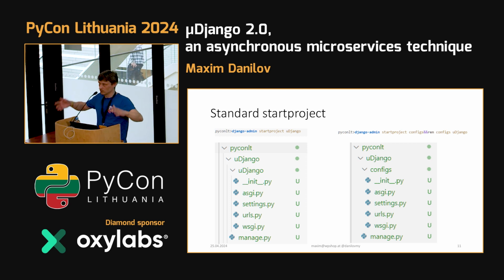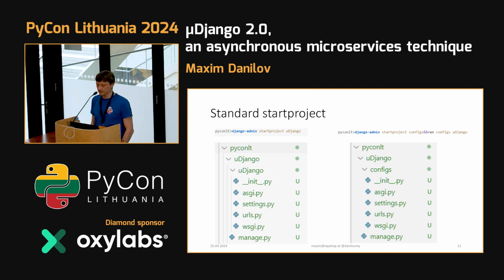Okay, let's go. How does it work? Too many words. Standard start of a project: I open a folder and run django-admin startproject µDjango, and we get the result which we see on the left side. I don't like this idea from Django, I use something else.